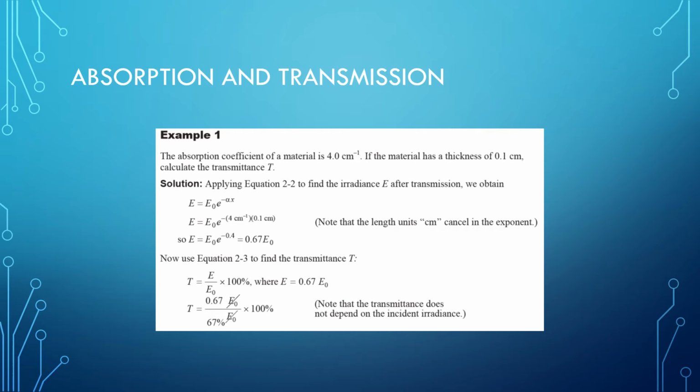So E is 0.67 E0 over E0 times 100%, which gives me that it's equal to 67%. So we are transmitting 67% of the light through that medium.